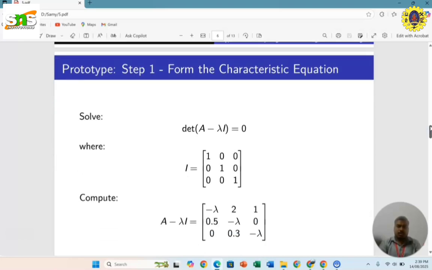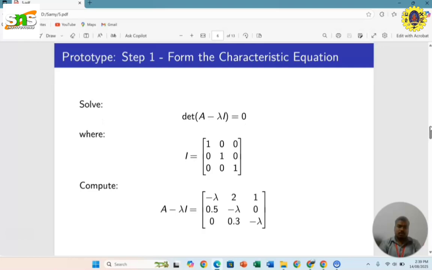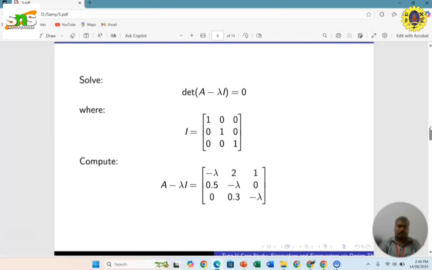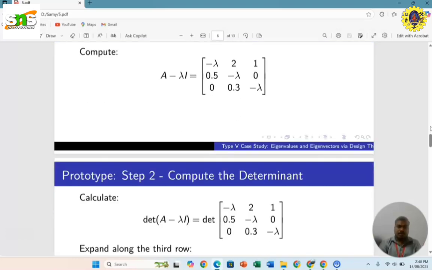In step 1, form the characteristic equation, that is, the determinant of A minus lambda I equal to 0. Here I is the identity matrix, and we compute A minus lambda I: minus lambda, 2, 1; 0.5, minus lambda, 0; 0, 0.3, minus lambda.